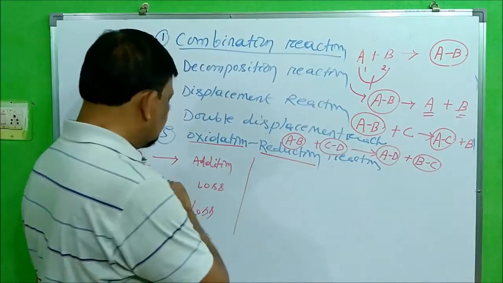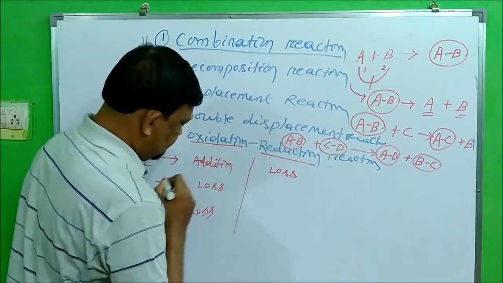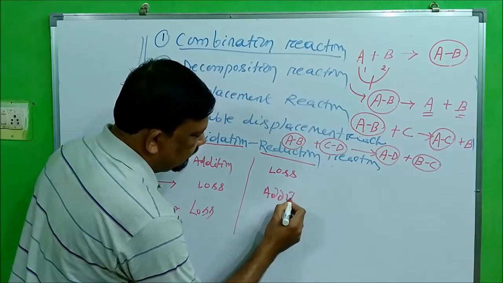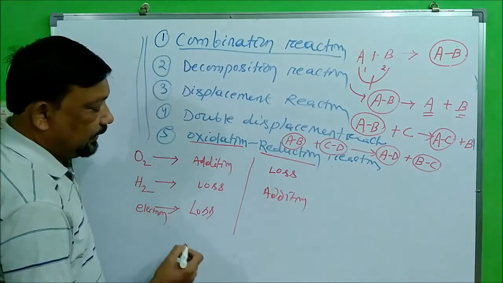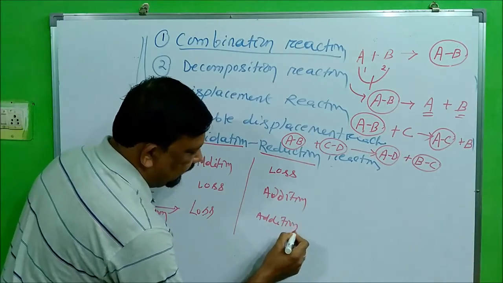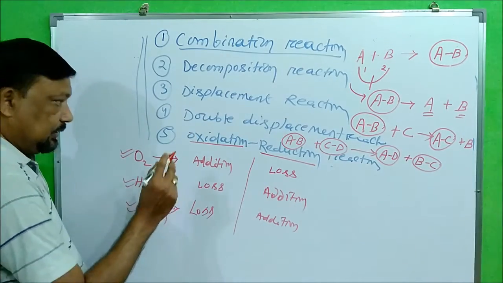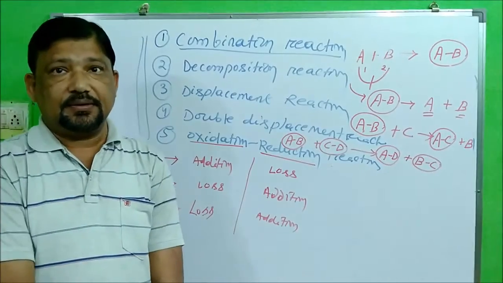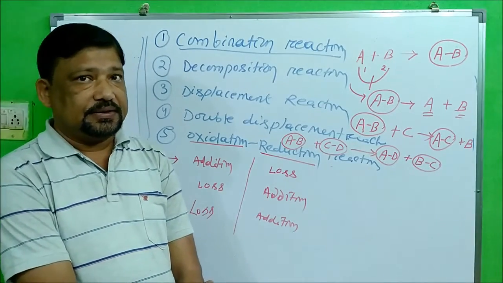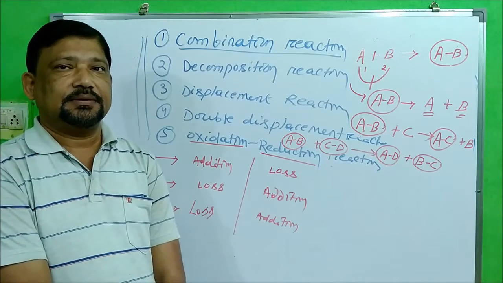In case of reduction, oxygen is lost, hydrogen gets added, and electrons also get added. If you observe any one of these three in the reaction, accordingly you will give the title whether that reaction is an oxidation reaction or a redox reaction. Clear?